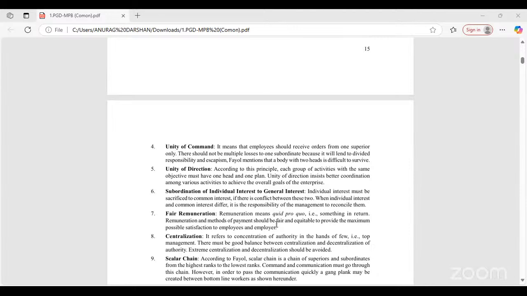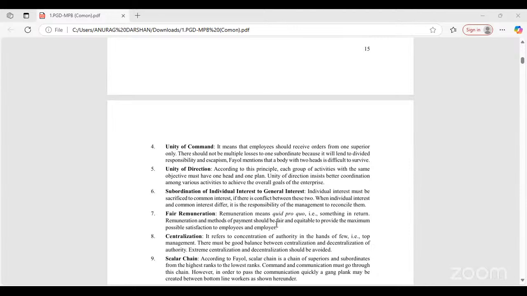If I'm not doing this, this is the loss I'm going to get. If everybody thinks in this way, what happens to the organization? There's no organization at all. Everybody is working according to their whims and fancies. There is no organizational goal. So Fayol said that instead of individual interest, it is the general interest which is more important for the workers.